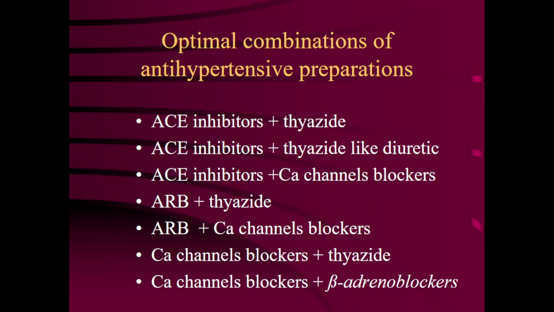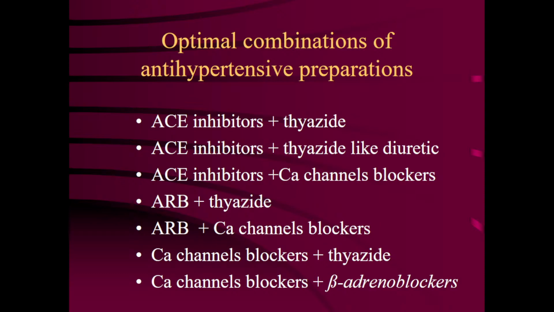And optimal combinations of antihypertensive preparations are the following. We can combine ACE inhibitors and thiazide, ACE inhibitors and thiazide-like diuretic indapamide, ACE inhibitors and calcium channels blockers, and angiotensin 2 receptors blockers plus thiazide.